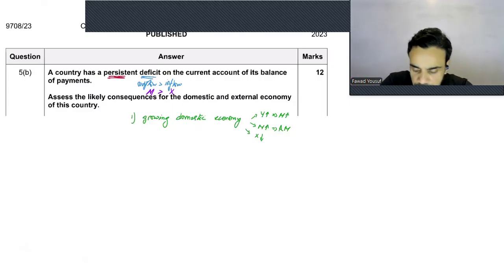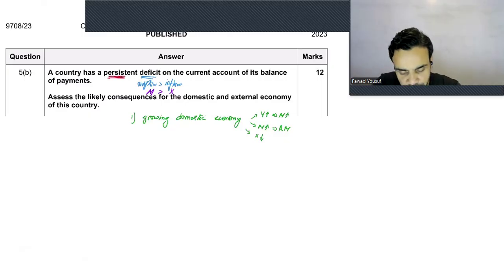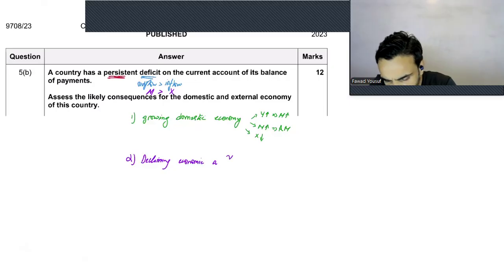Okay? फिर दूसरा reason they suggest is that there may be, for a deficit, declining economic activity of trading partners.